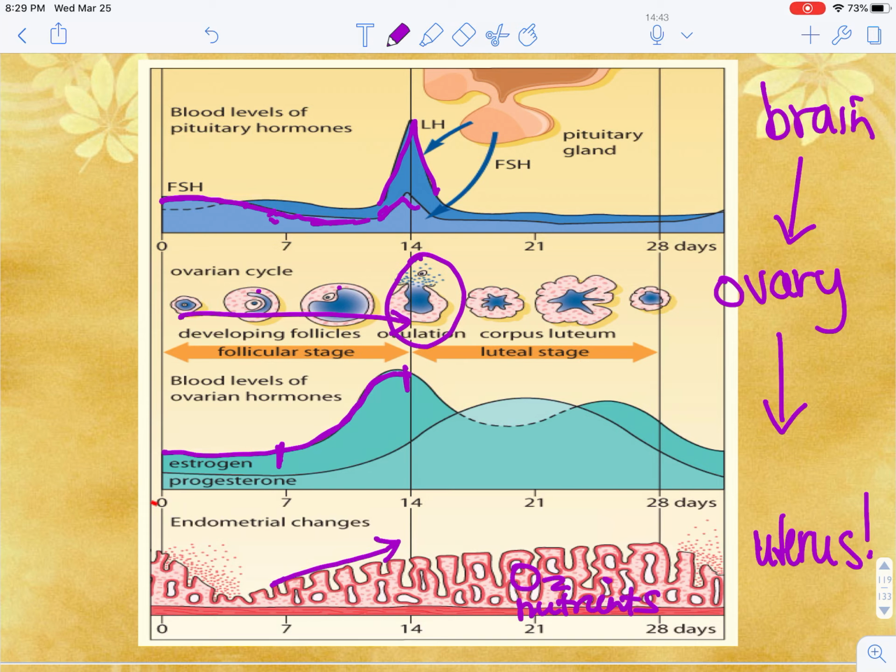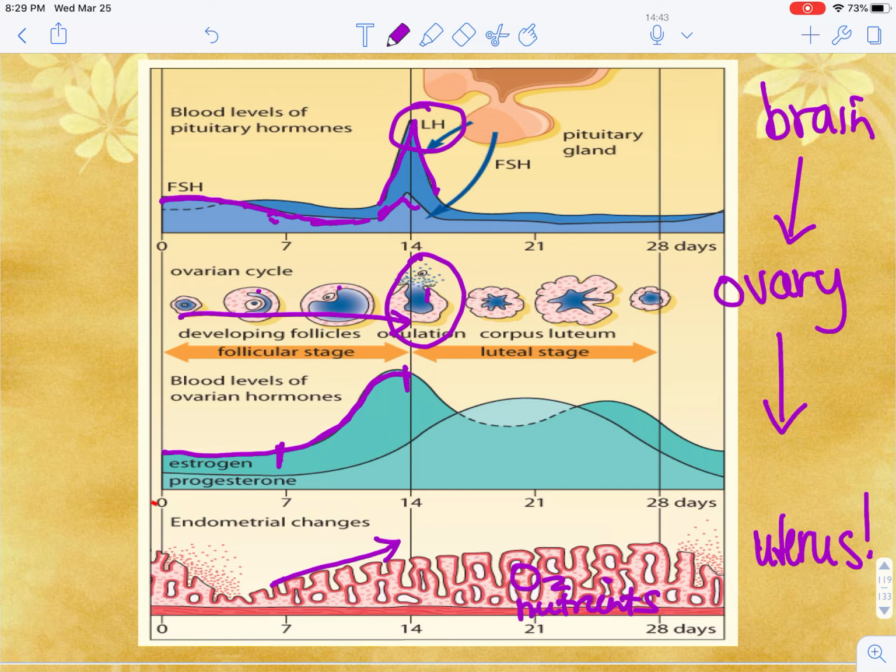So if a question ever asks what stimulates ovulation and that bursting through of the egg from the ovary, you would pick surge of LH. That is the biggest stimulus for ovulation to happen right in the middle, day 14 of the female cycle.